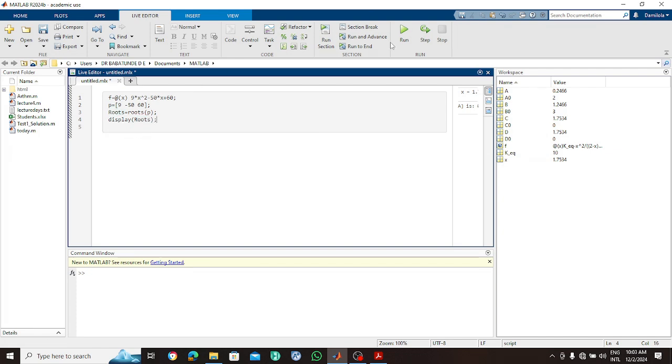So let's see what the value looks like to us. Okay, so using that approach, roots, it has given us the roots. So the root is what? 3.8022, 1.7534. That 1.7534 was one of the values we got initially for x. So this is the second root.